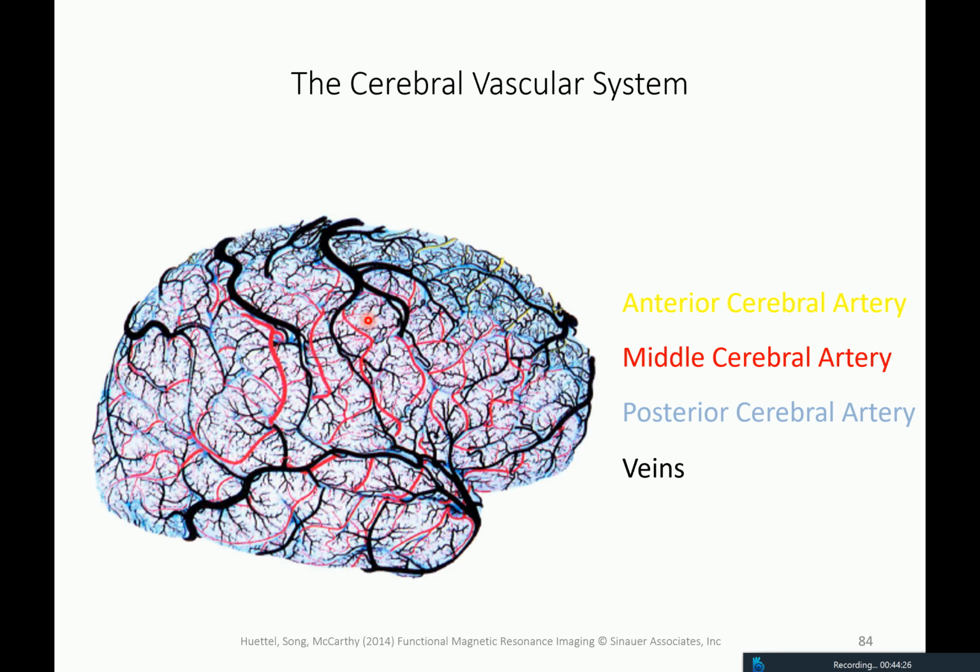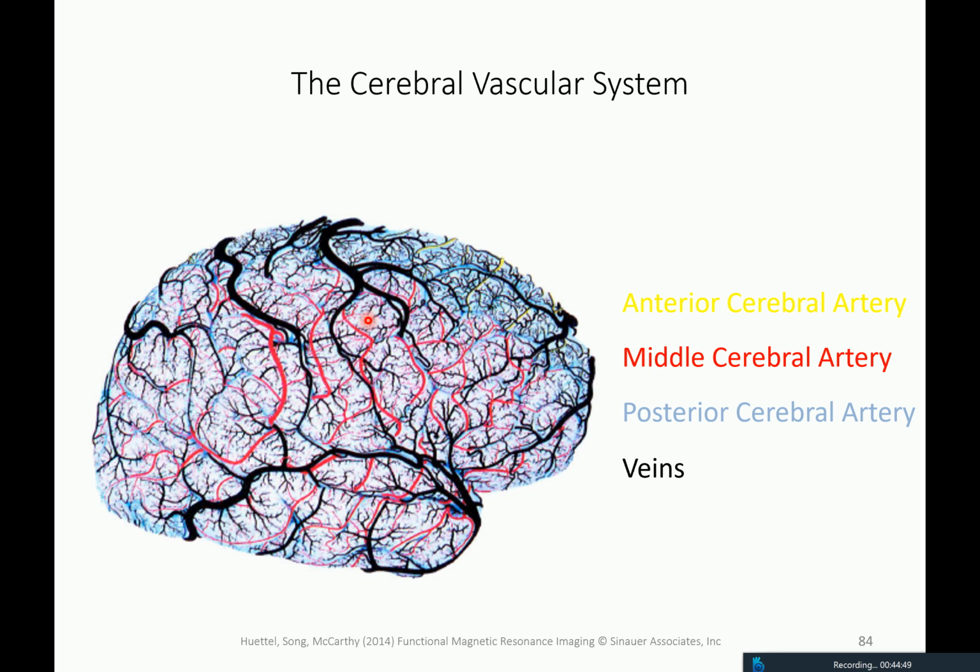So this is the rough macroscopic supply of the brain. What you see of this if you do fMRI studies is that you get these bright spots in your images, which are the arteries or the veins while they are still big.